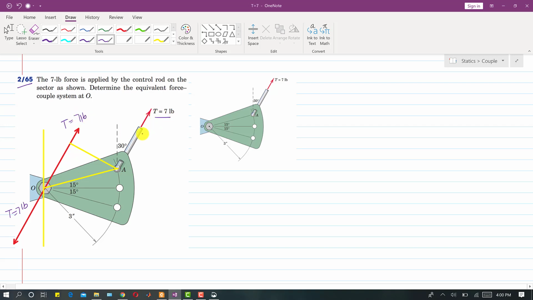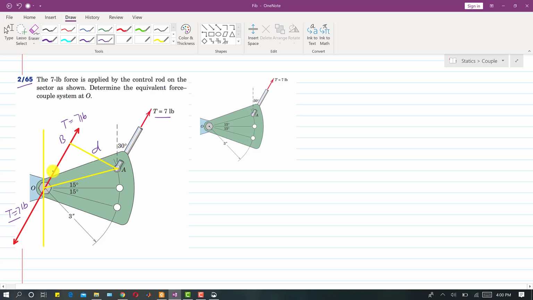So both of these are in the opposite direction and they will produce a couple, right? So we need to find the magnitude of that couple. The perpendicular distance between these two forces is this distance, right? Let's suppose I write this as OAB, so this AB distance is the perpendicular distance between this force and this force.